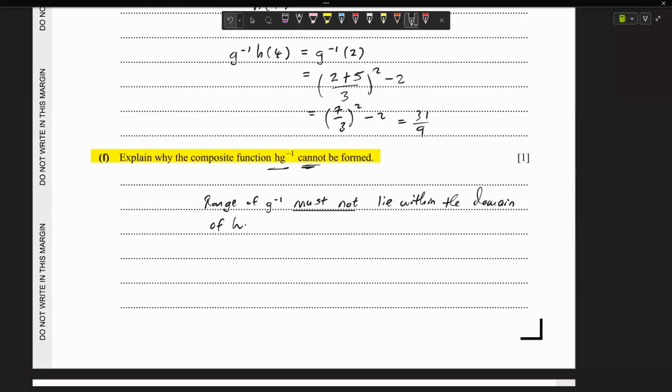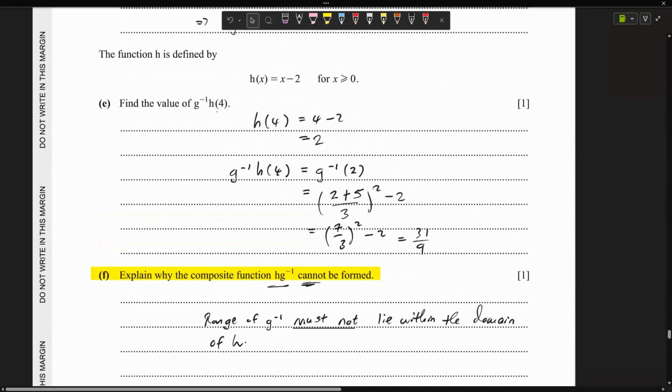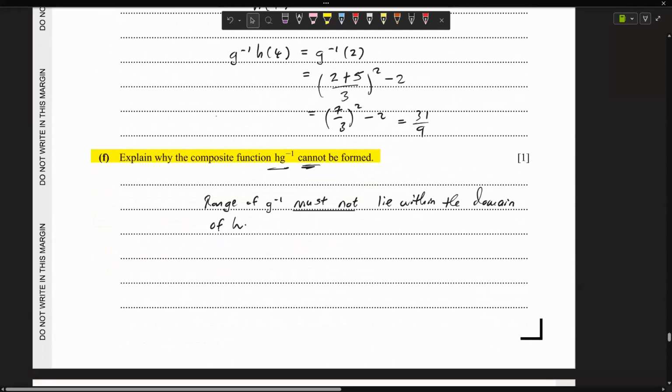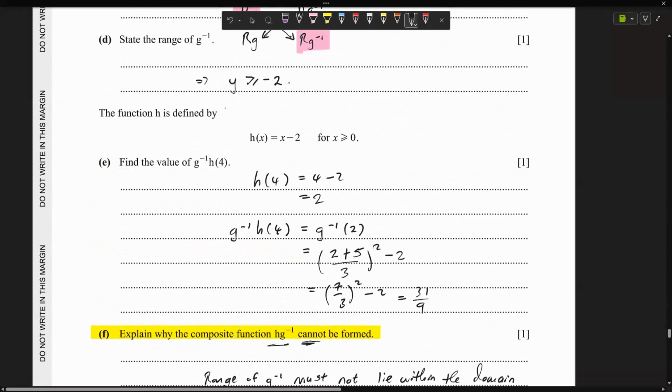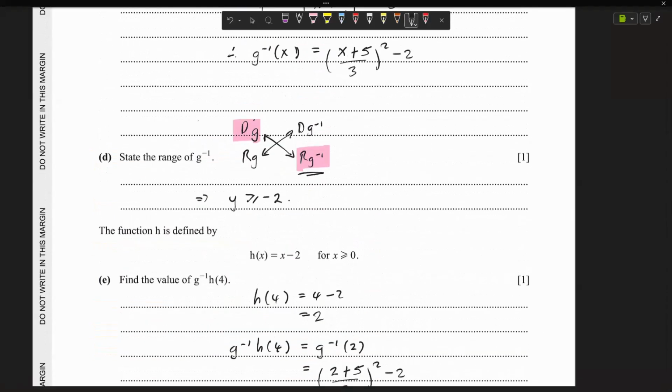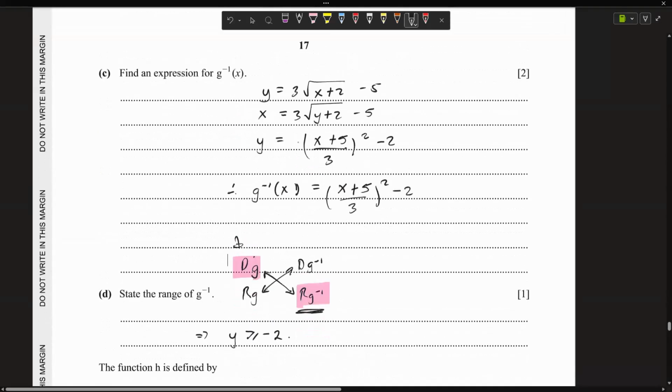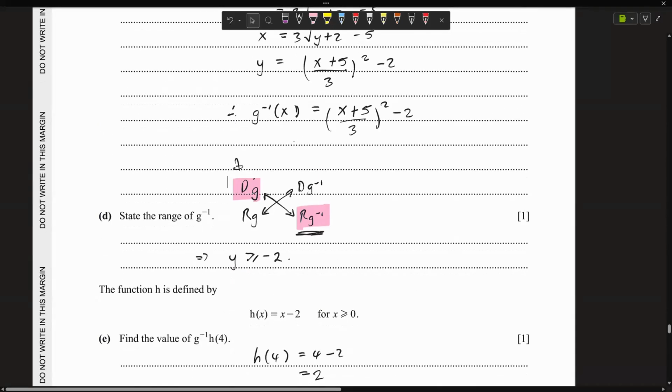Is this true? If we look at the range of g inverse, remember we had g inverse of x and we got it. Now the range of g inverse is the domain of g, which is greater than or equal to -2.